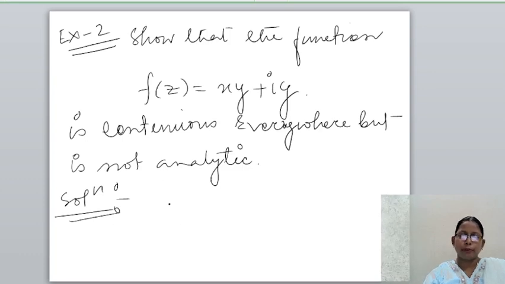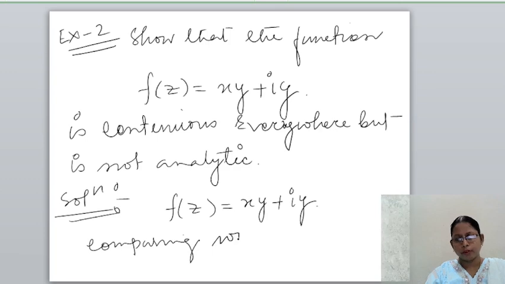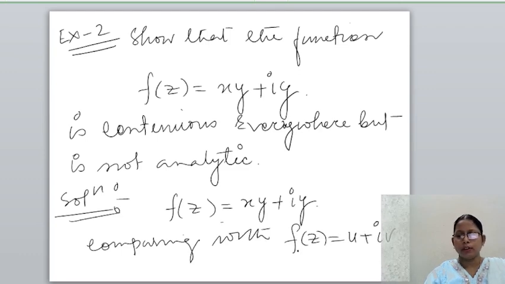So here we are going to solve this one. f(z) is xy plus iy. Comparing with f(z) equal to u plus iv, we get u equal to xy and v equal to y.